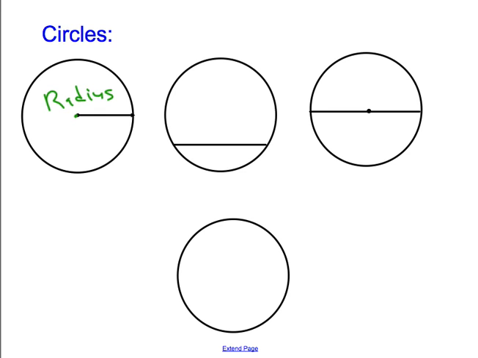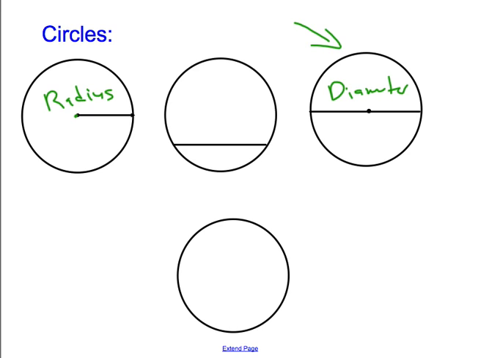Let's go to this third circle here. If you have a segment where one endpoint is on the circle and another endpoint is on the circle and it goes through the center, that is called the diameter.